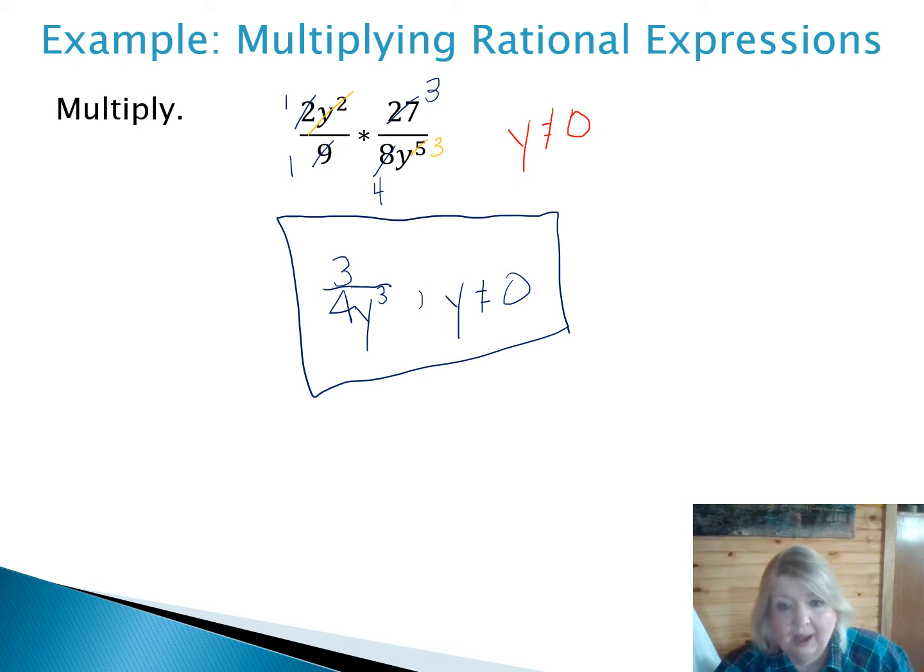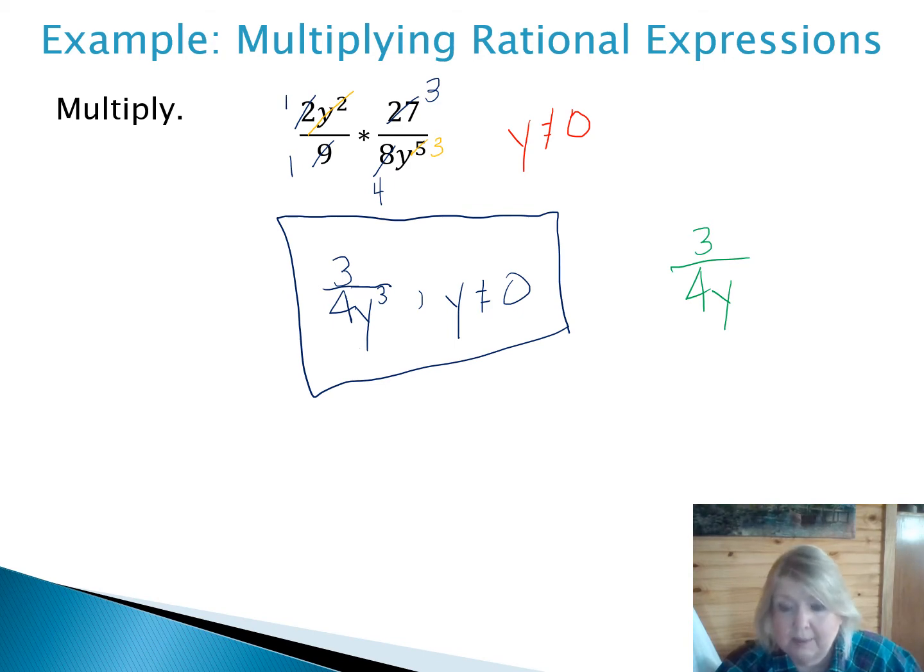Now I also want to say this. If you don't like the cancellation with the exponents and everything, please don't think that you're going to be able to write them all out because some of these get rather large. But you can start with that 3/4 that we found numerically and say y's exponent is greater in the denominator, so put my y in the denominator, and then use the rule for division of exponents.